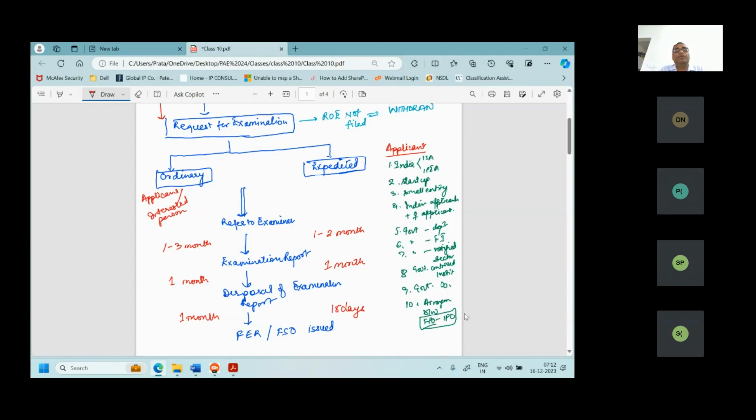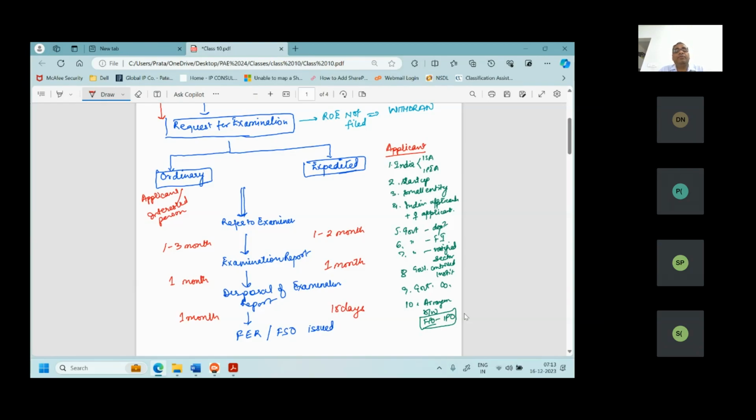After the disposal, within 1 month, the FER or FSO is issued. However, the timeline might differ. In ordinary examination, the examination report is submitted in 1 to 3 months, while in expedited, it has to be submitted within 2 months. The disposal of the examination report takes 1 month.